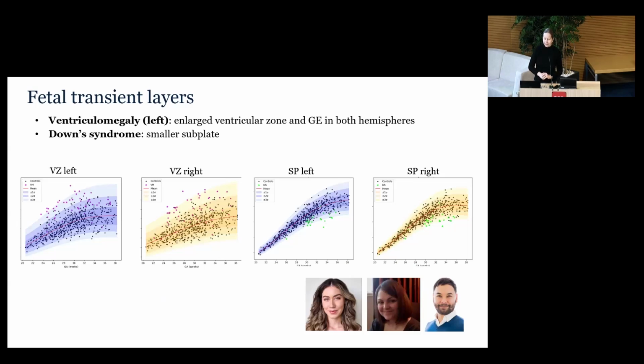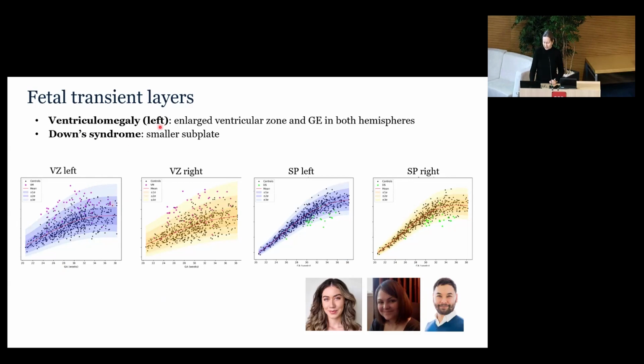So we started looking into what we can see in different anomalies, how these layers develop. The data we had available were ventriculomegaly and Down syndrome. We see in ventriculomegaly that the ventricular zone has larger volume, which is kind of what was expected. We were happy to find it.